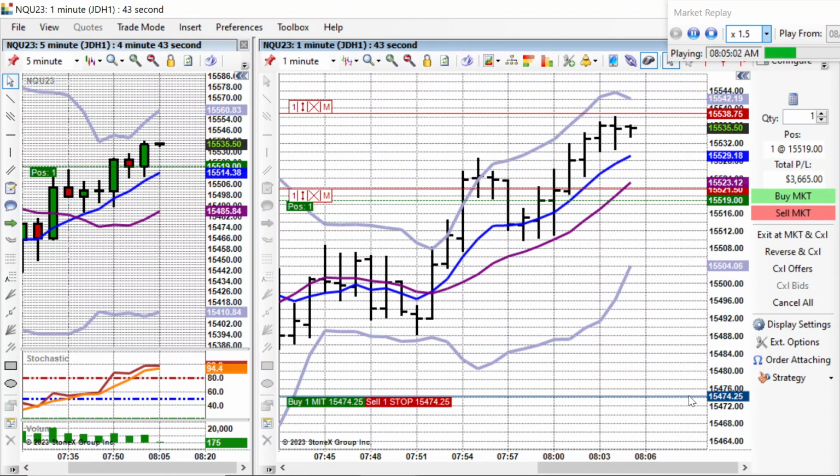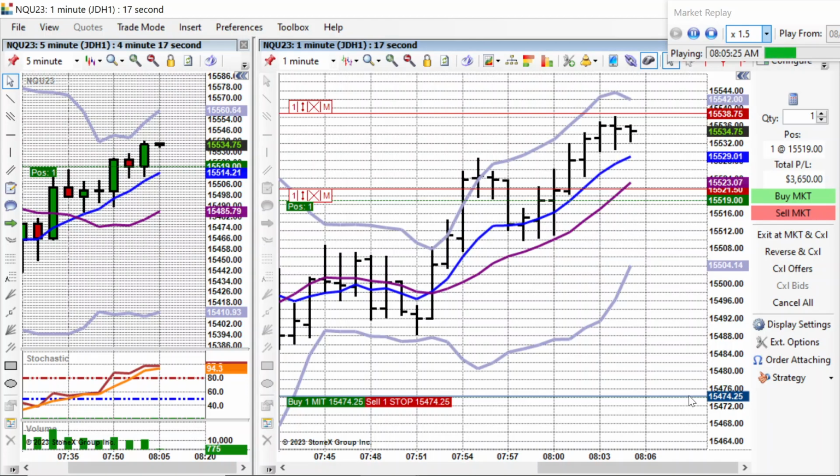It's like it knows where your target is. But I know that's just a paranoid feeling you get sometimes. So look at how close. It does this in reality all the time. It comes right up to your target, and then it'll take you out at your stop loss. Loves doing that.